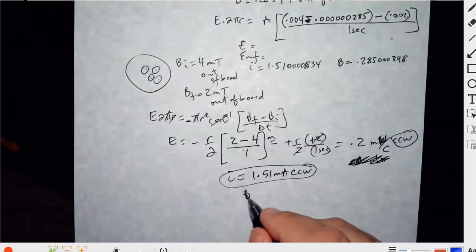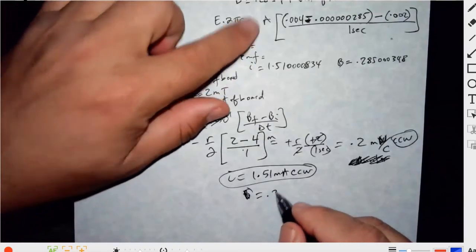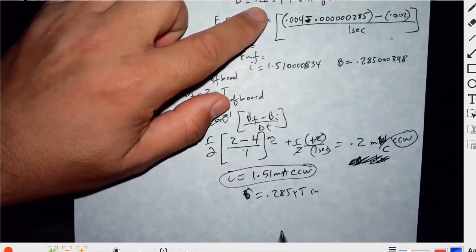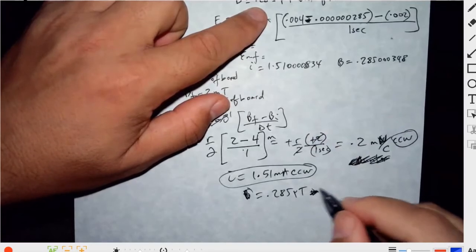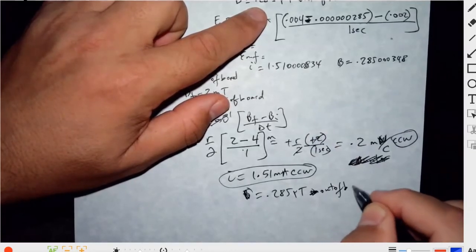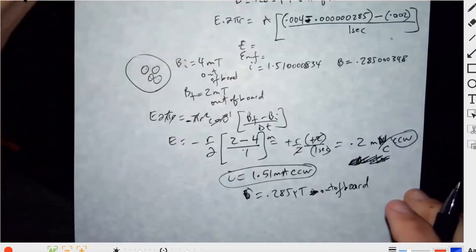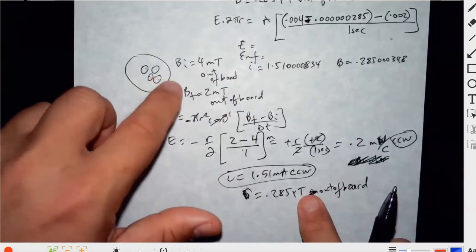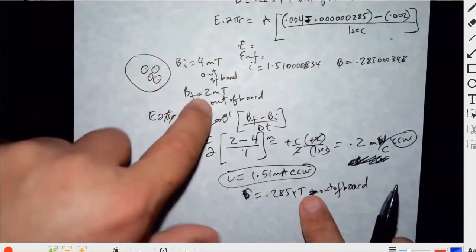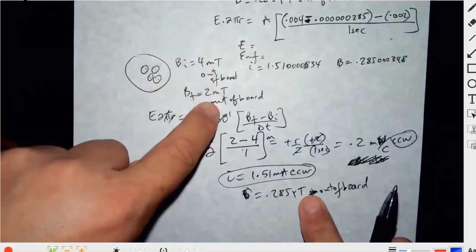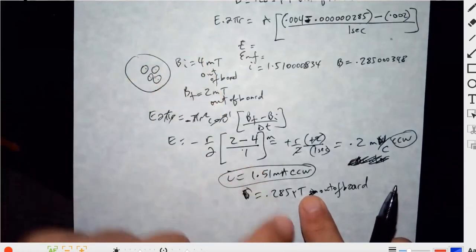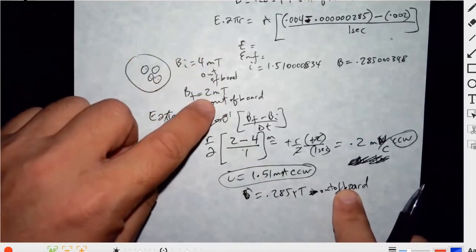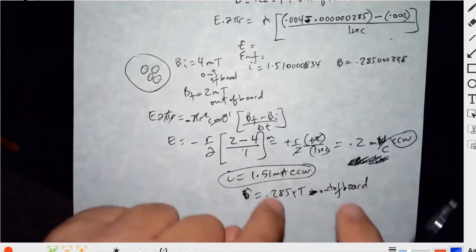And the B field that it creates will be 0.285 microteslas out of board, right? Out of board. So now notice that even though the two original B fields are both out of the board, the current you're creating creates a B field out of the board. So it doesn't fight against the B field, but it fights against the change of the B, you see?